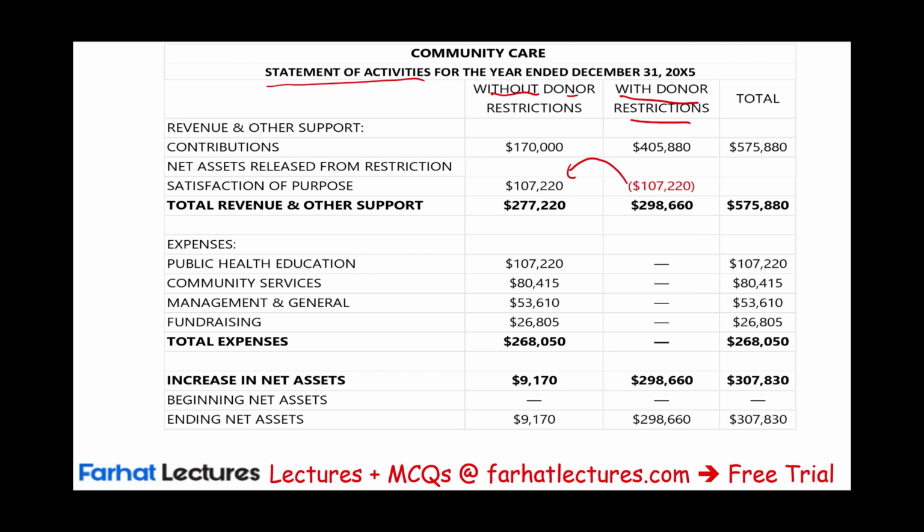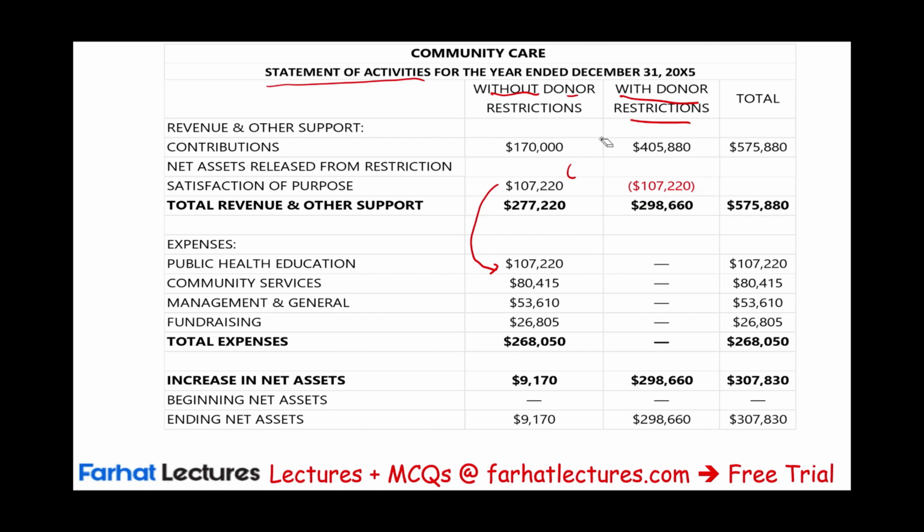Then I want to show you one more thing. Once it's released, it gets expensed immediately. So I kept public health education only, 107,220, for a purpose. The purpose is to show you that it went from with donor restriction to without to being expensed.